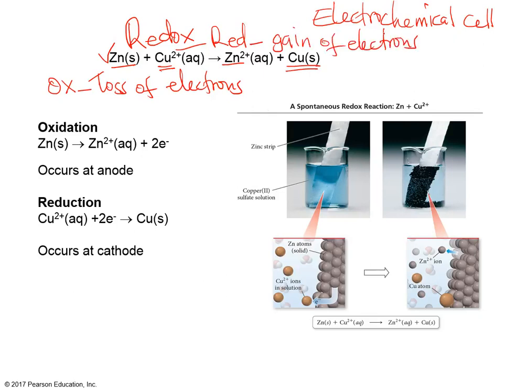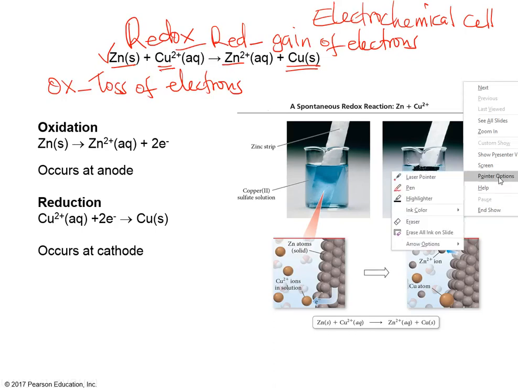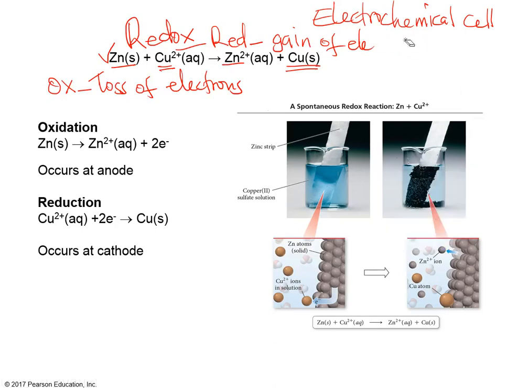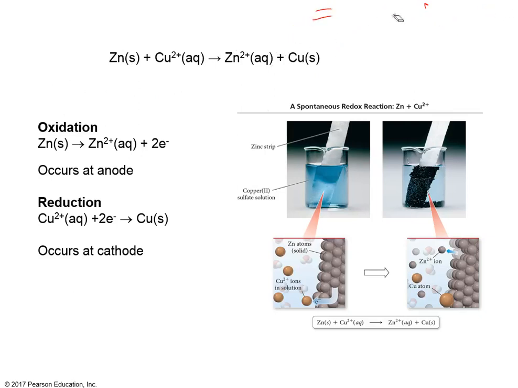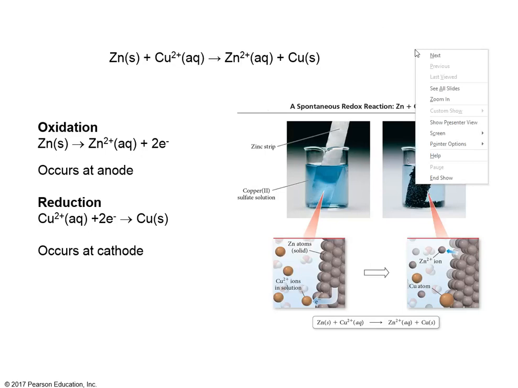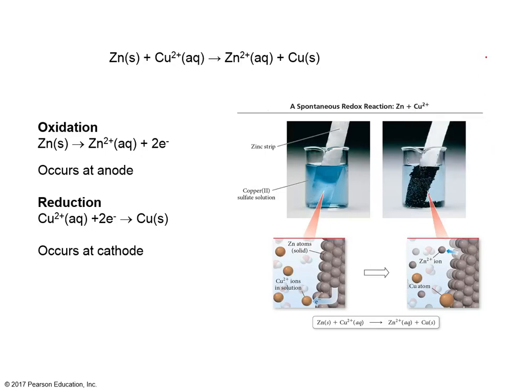So if we look at this reaction, we can group it into oxidation and reduction by writing half equations. A half equation of oxidation and a half equation of reduction. So if you are talking about oxidation, this is the half equation for oxidation.